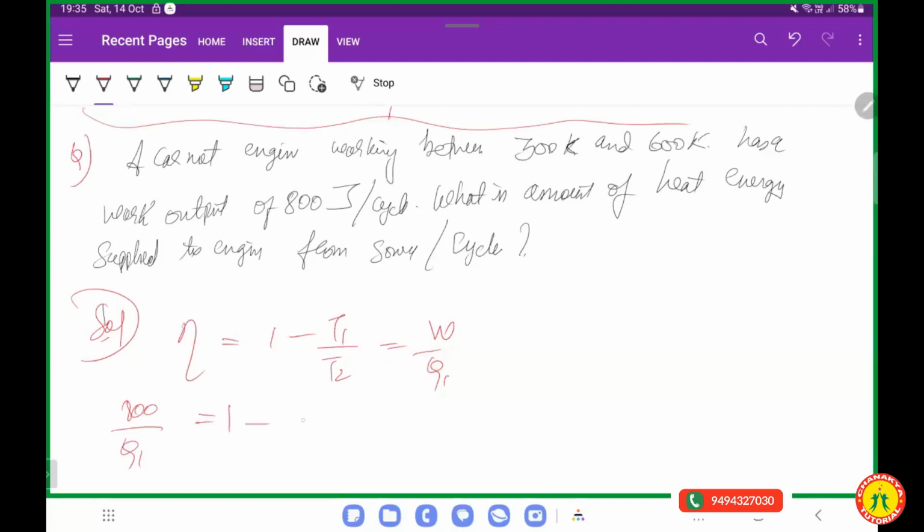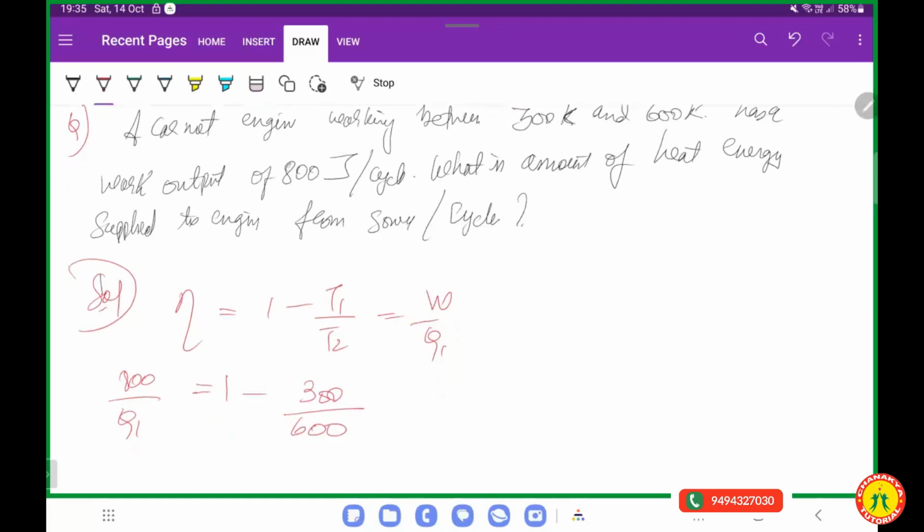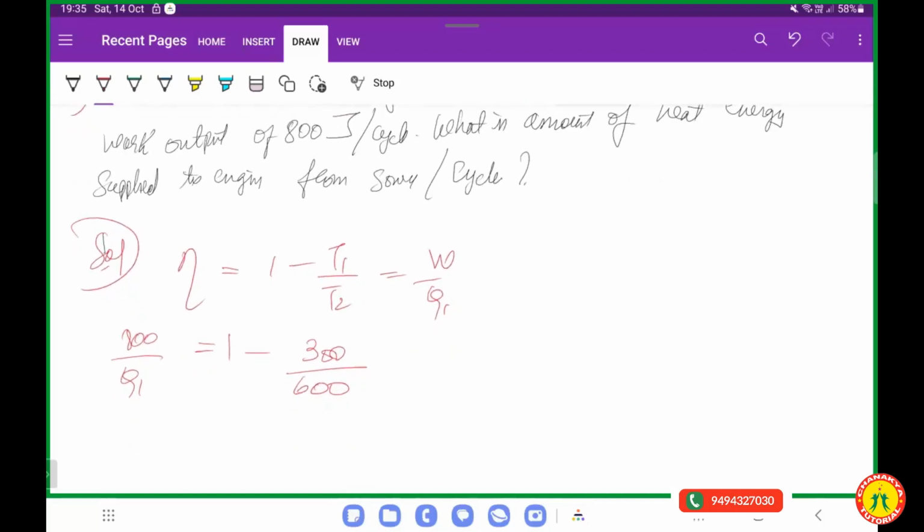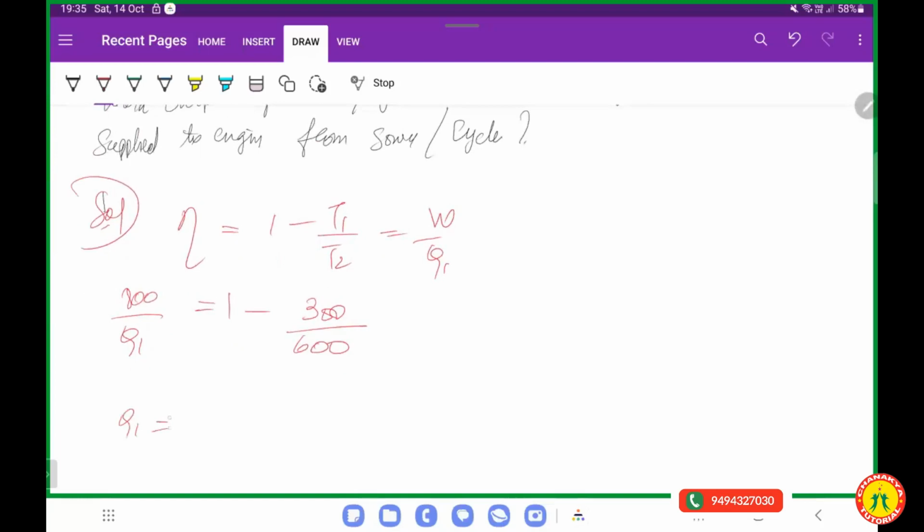That is 1 minus 0.5, which is 0.5, so Q1 is 1600 joules per cycle.